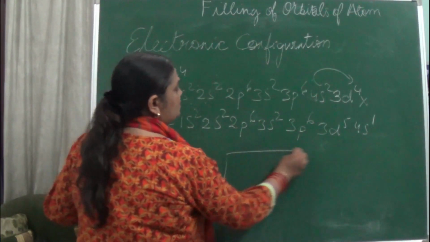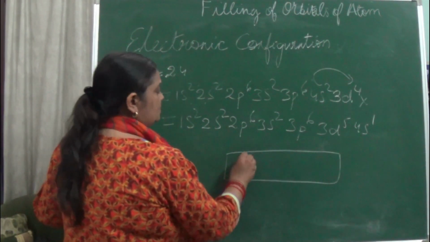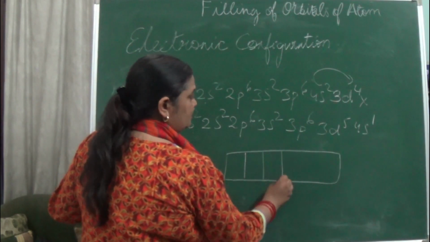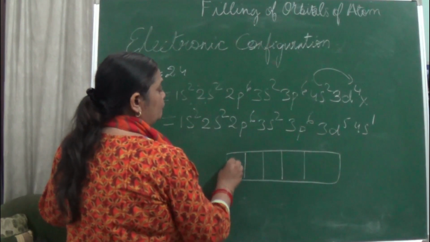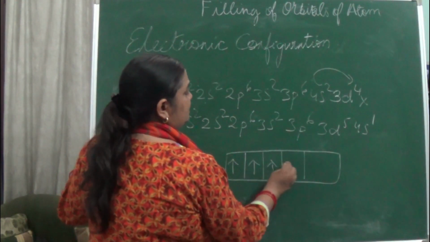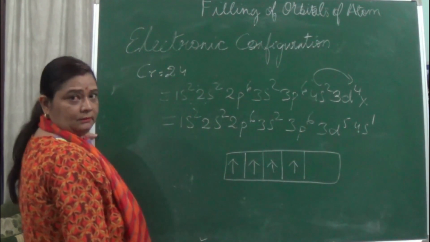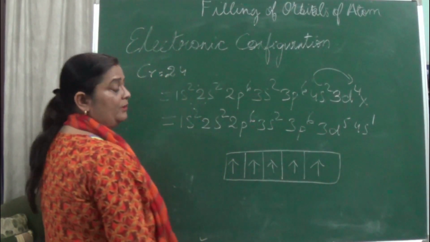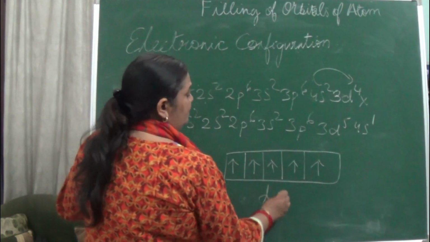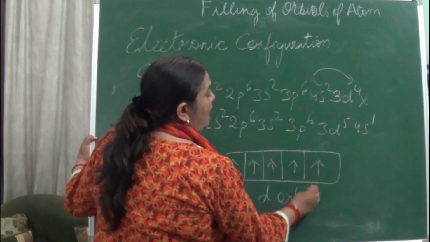Because D consists of 5 orbitals, isn't it? So if there are 4 in this, it is not stable. If it is having 5, it will be more stable because this D orbital will be half filled.